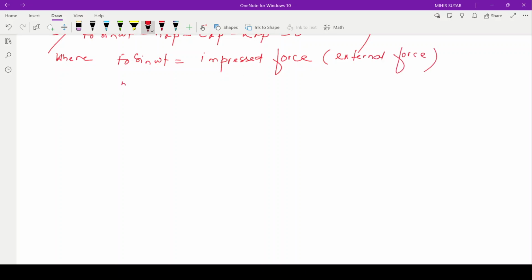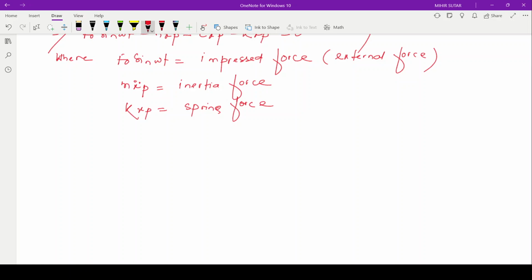This m x double dot p is the inertial force. k x p is the spring force.